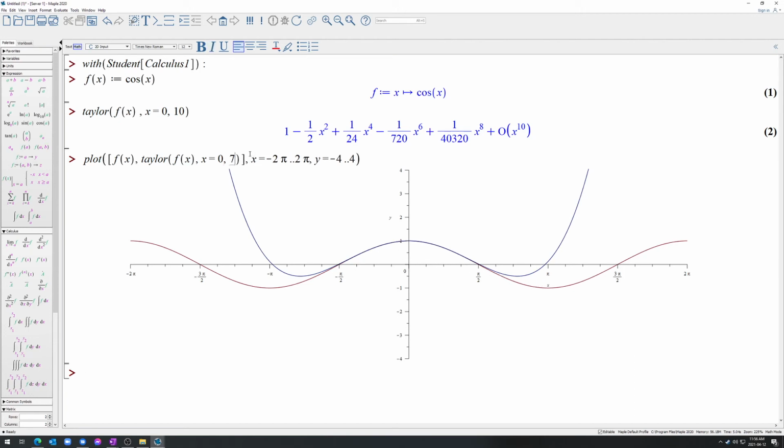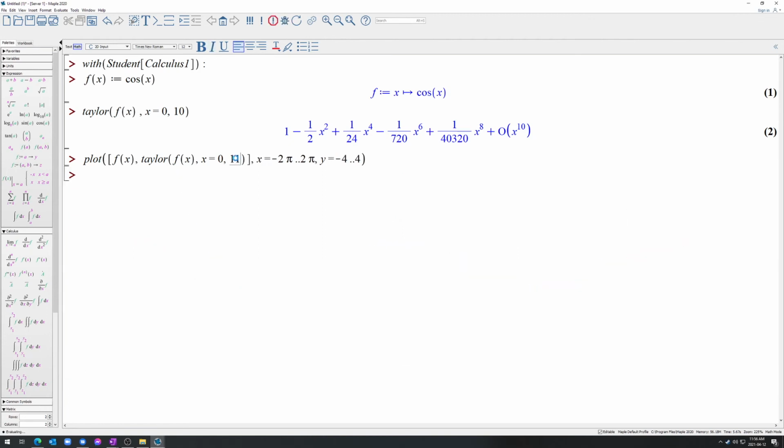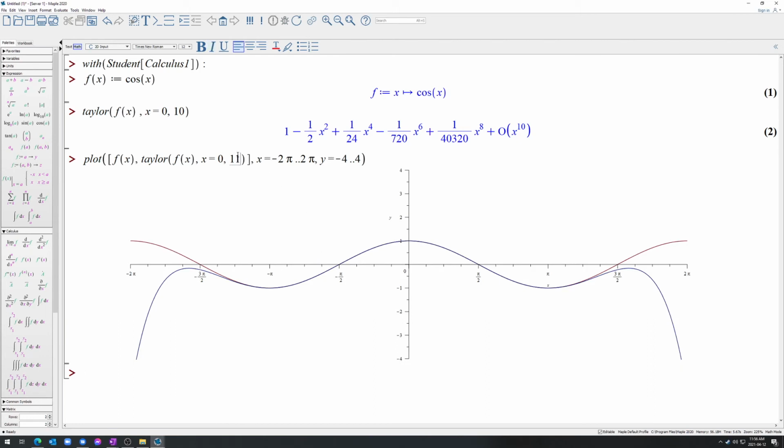We'll include the next non-zero term and the next non-zero term. And we're animating this by hand here. You get the idea though. You can see that the more non-zero terms we include, we start to get really close to that cosine graph. We can even zoom out as far as we like here.